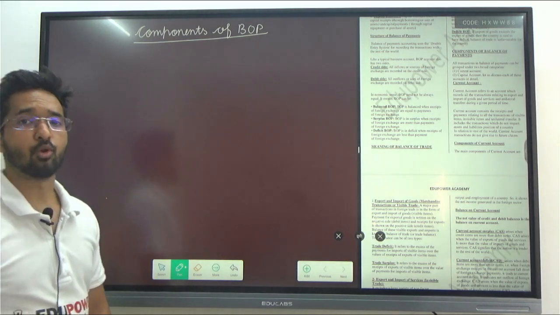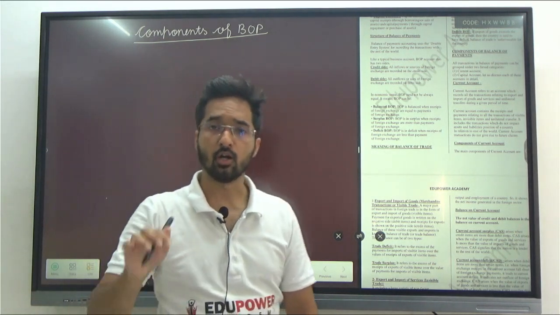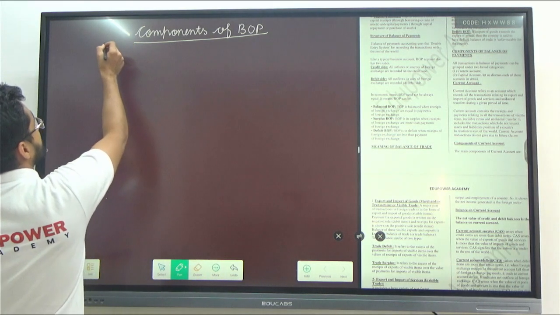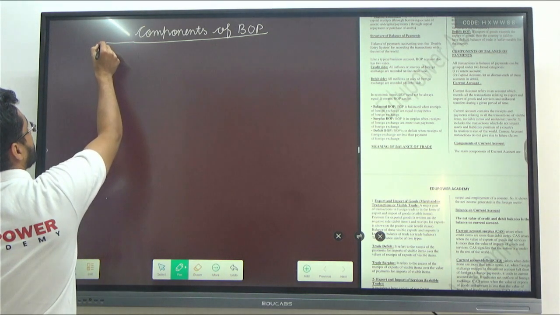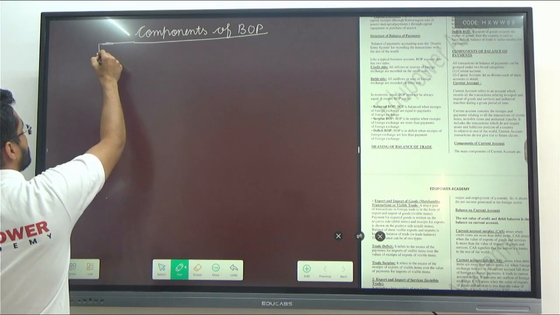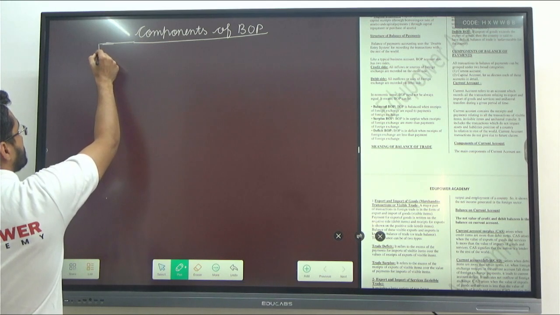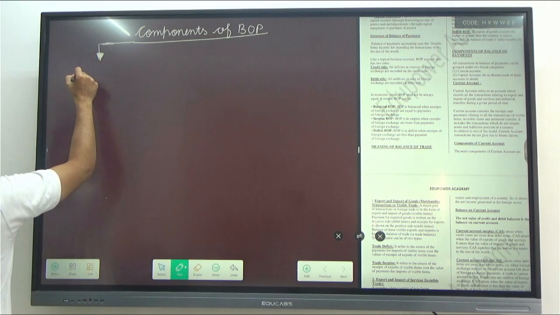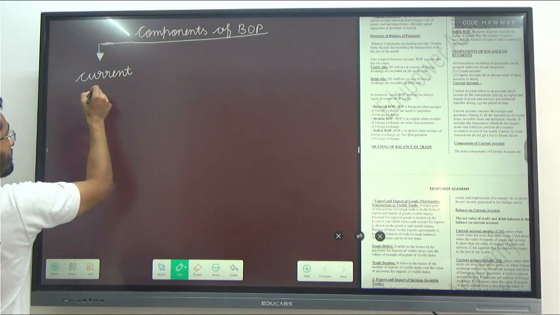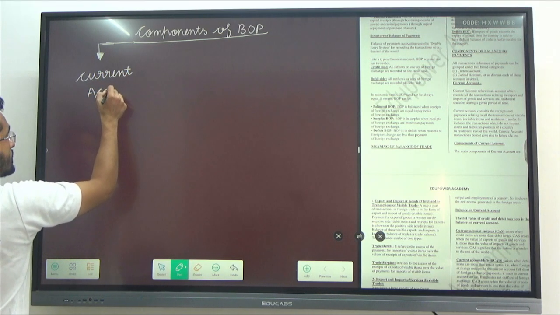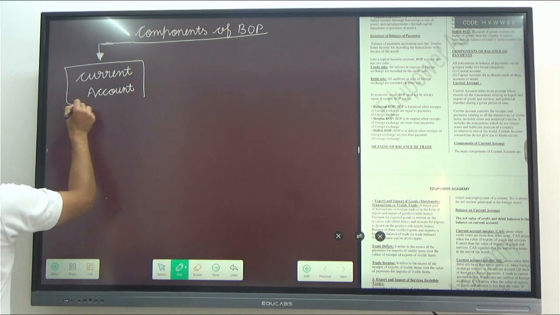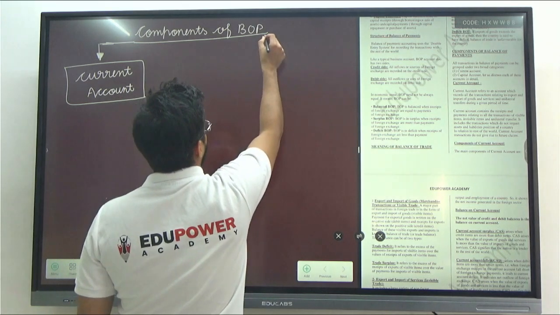So, broadly if you talk about the components, there are two components. One is the current account, and the other is the capital account.